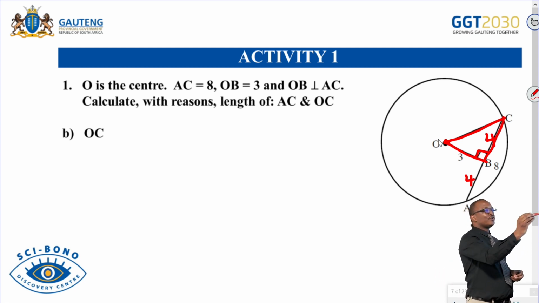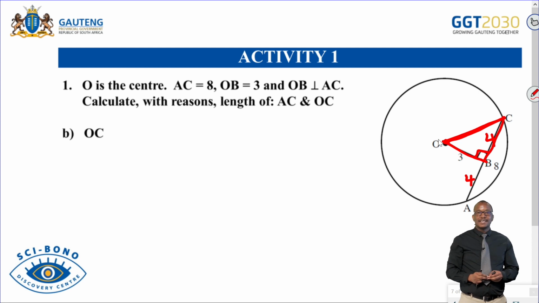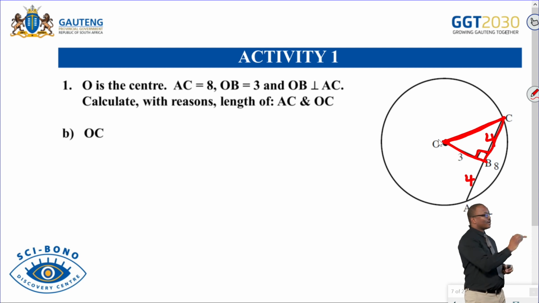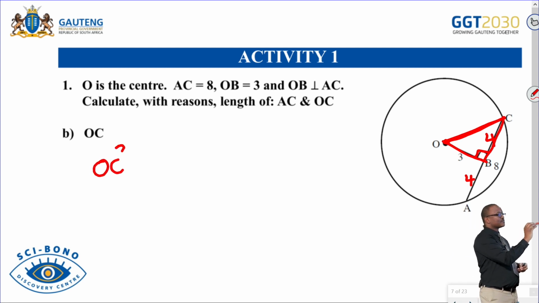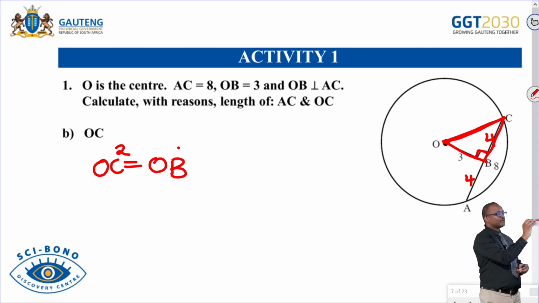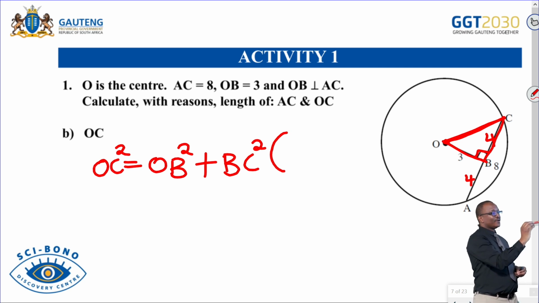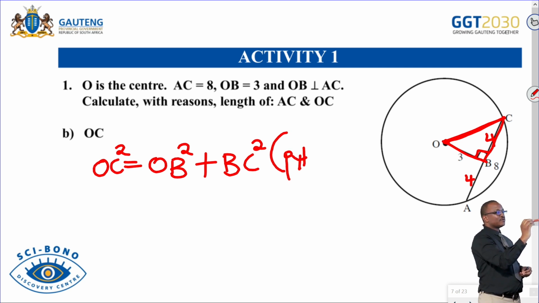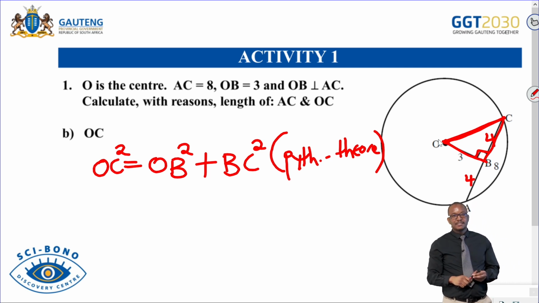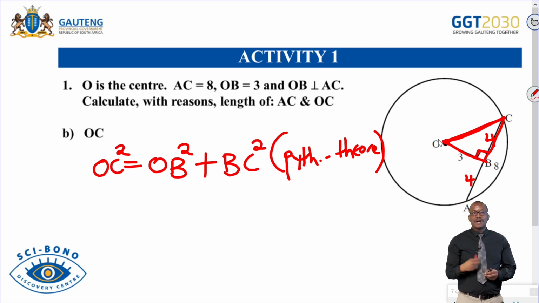Then now, how do we use Pythagoras theorem? We're looking at the longest side of the triangle, which is the hypotenuse. Then we're going to say OC squared is equal to OB squared plus BC squared. Remember, this is your Pythagoras theorem. Correct? Then now you look at what is given.